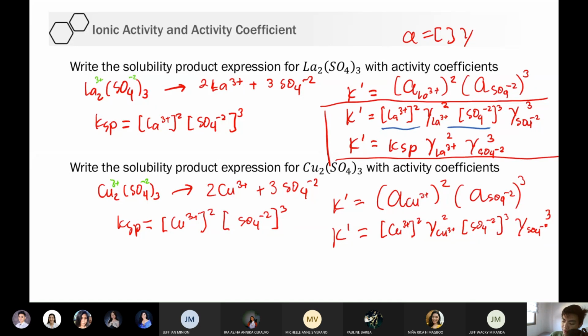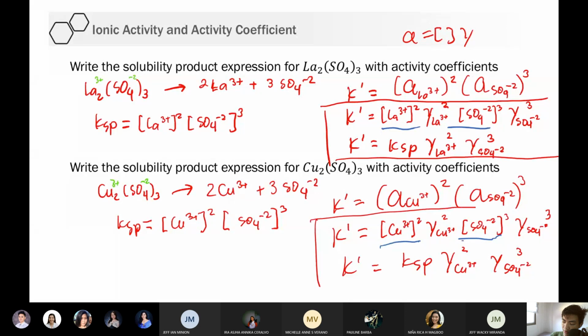If we combine the concentrations, we can simplify this equation as K prime equals KSP times gamma of copper 3 plus squared and gamma of sulfate ion cubed. So these are the two ways of writing the equilibrium constant.